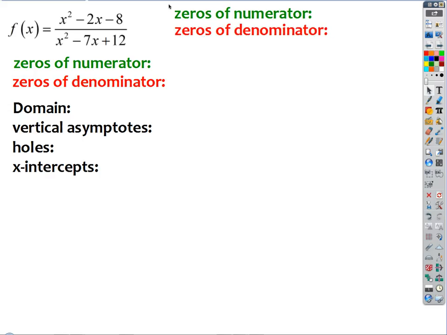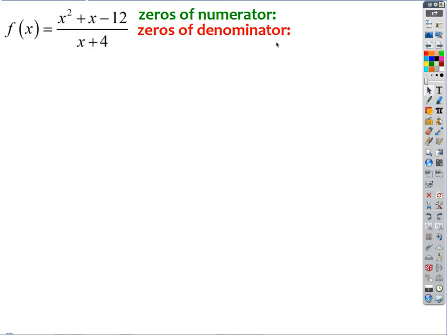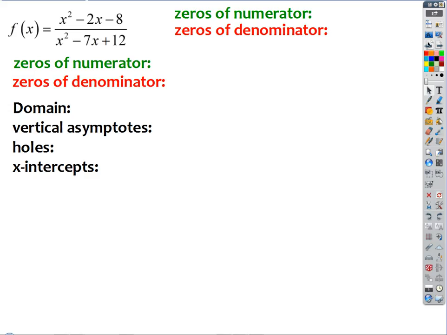Okay, we have to be able to fill in that stuff, right? Okay. So, what do we got?